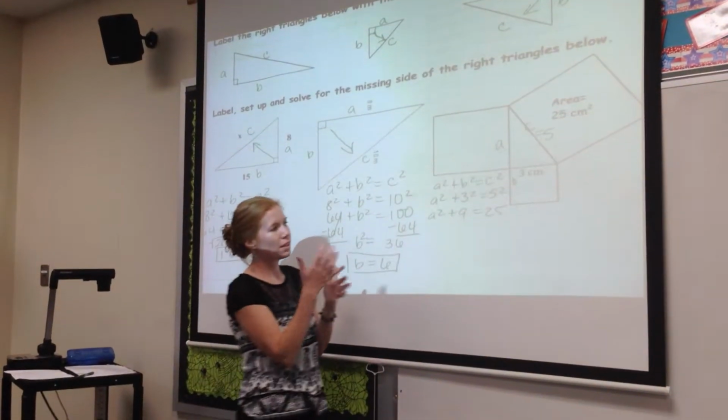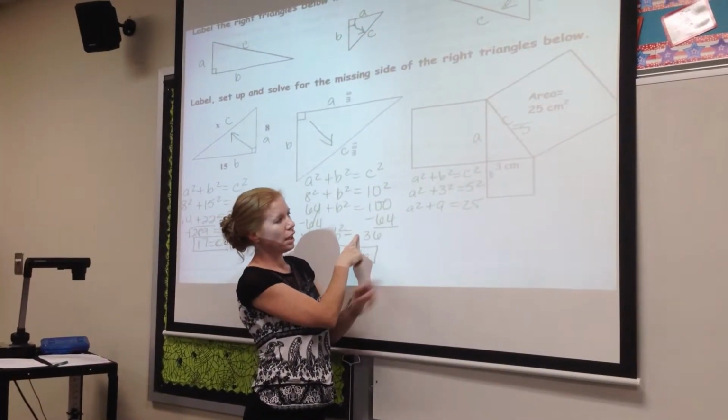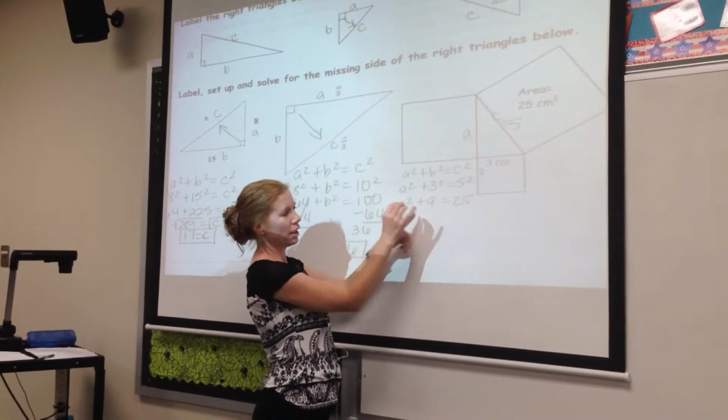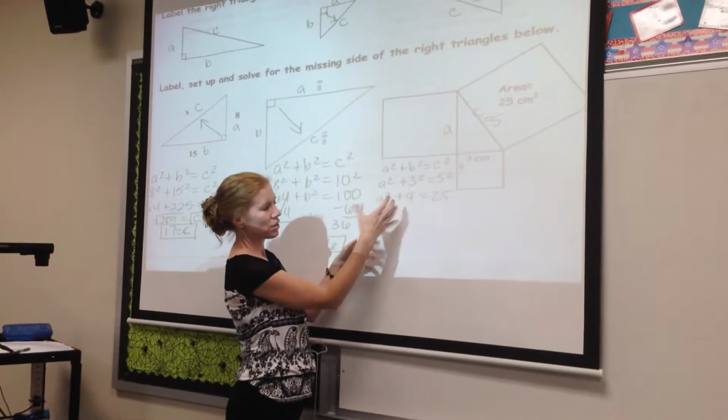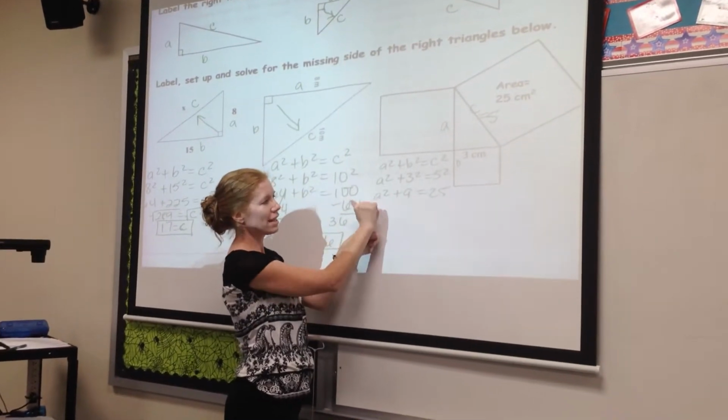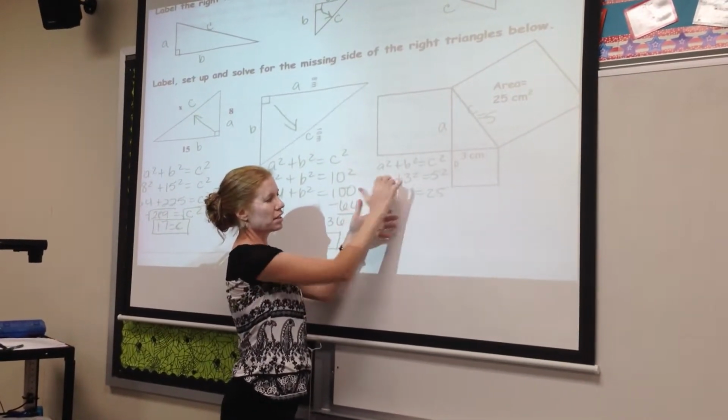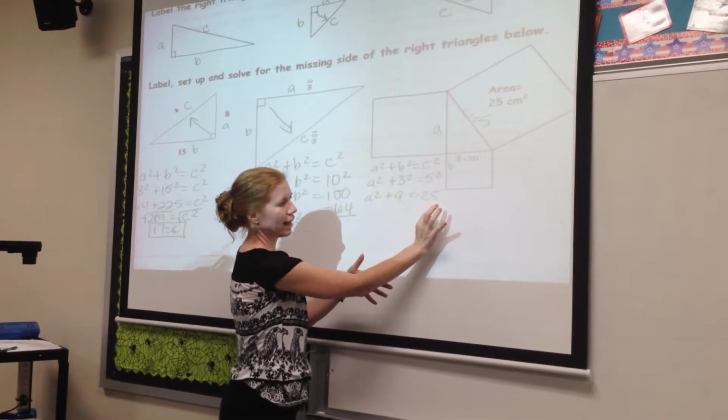Okay, now this one is similar to the last one. I have 9 here. So I need to get rid of that so that I can see how much is A squared. So I'm going to subtract 9 and subtract 9.